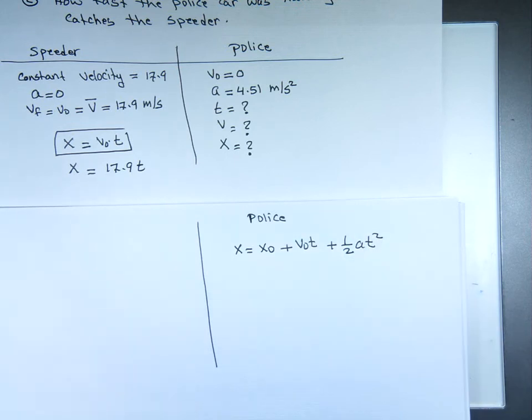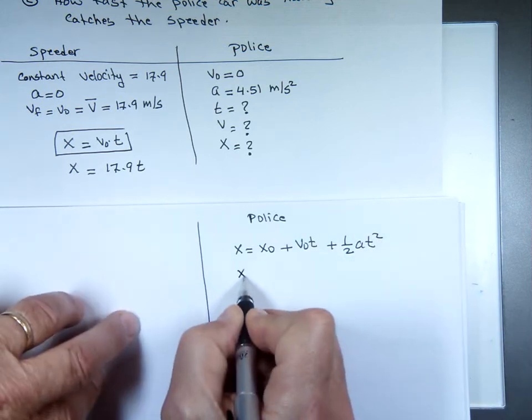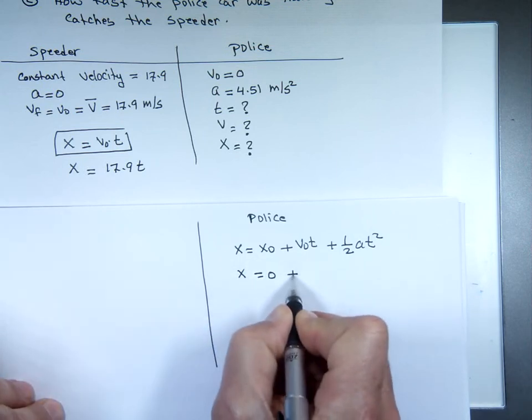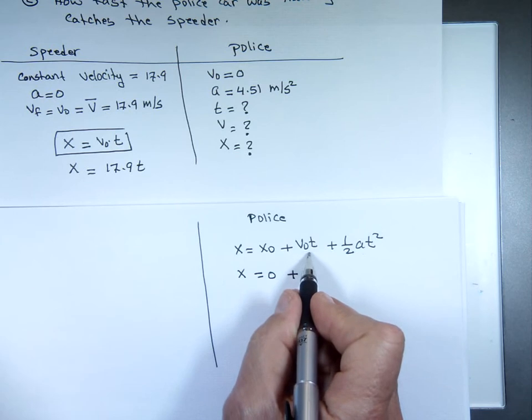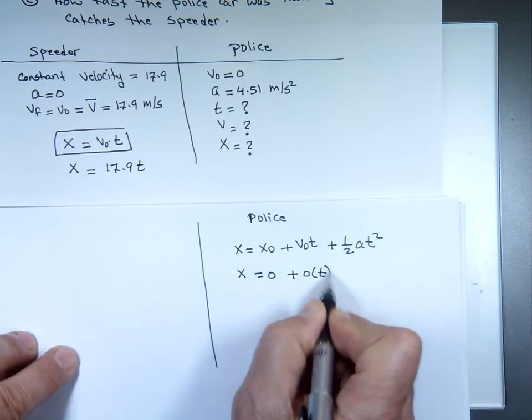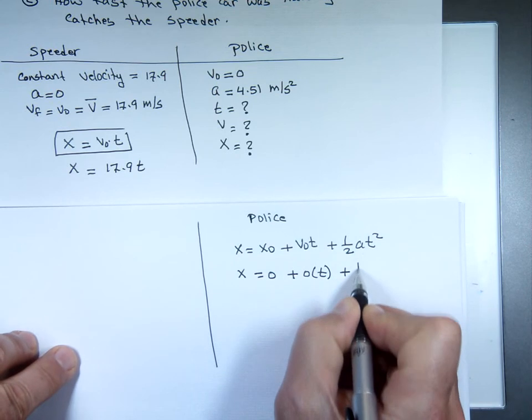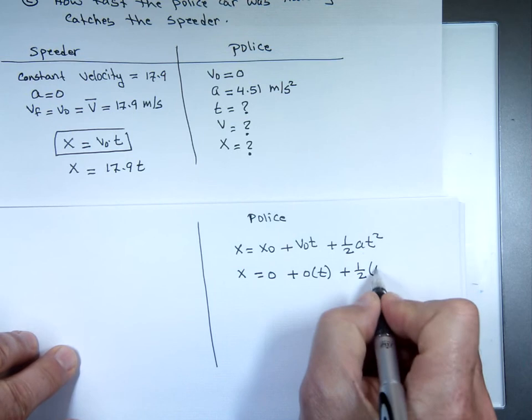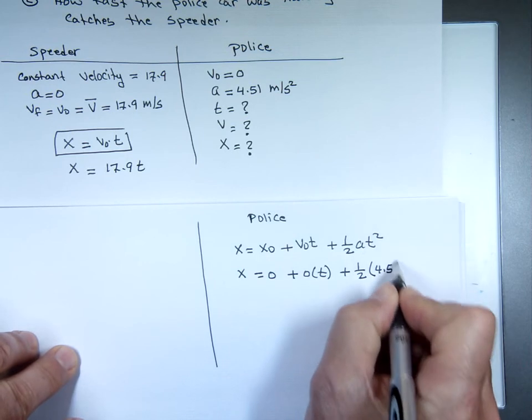The distance traveled by the police is equal to, the initial value is 0. What was the initial velocity of the police car? 0 times t plus 1/2 times the acceleration, which is what? 4.51 times t squared.